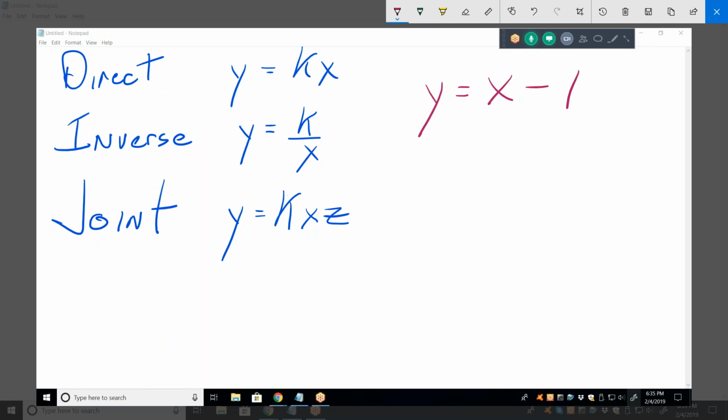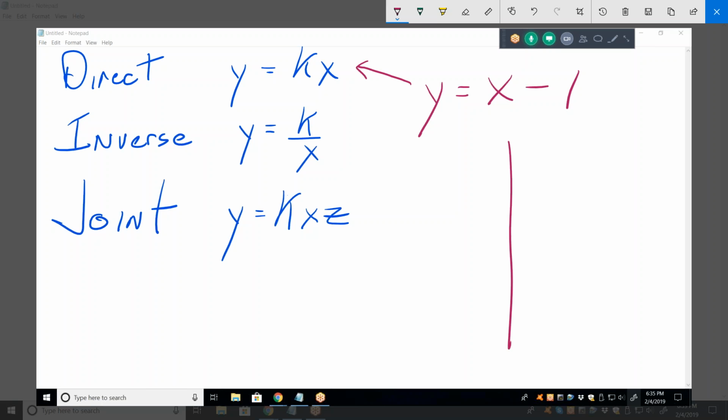Is that direct, inverse, or joint? It's direct. In other words, it's of this form.